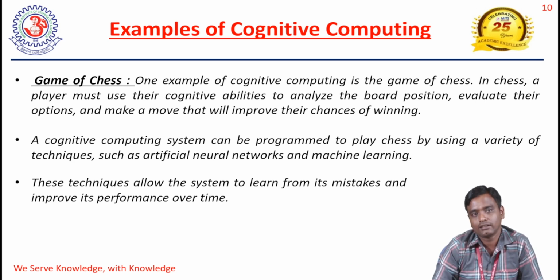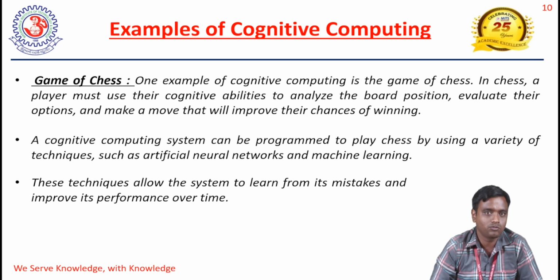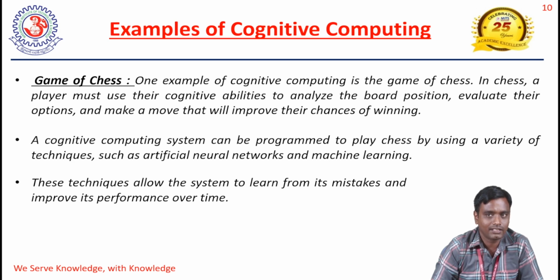So the game of chess involves the expression of human cognitive abilities such as analyzing the current board position, how we can evaluate the options, what next move we can make, how we can process the game further, and what ways we can apply for getting the chances of a win, that is the success.